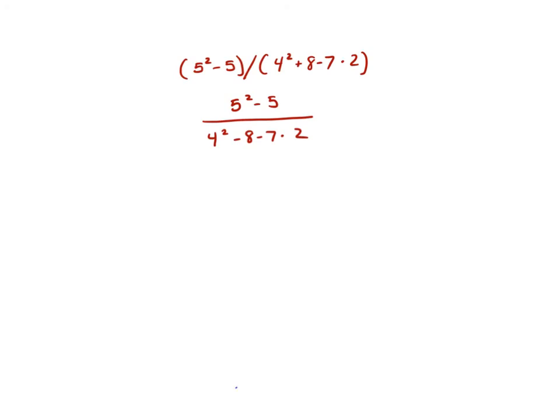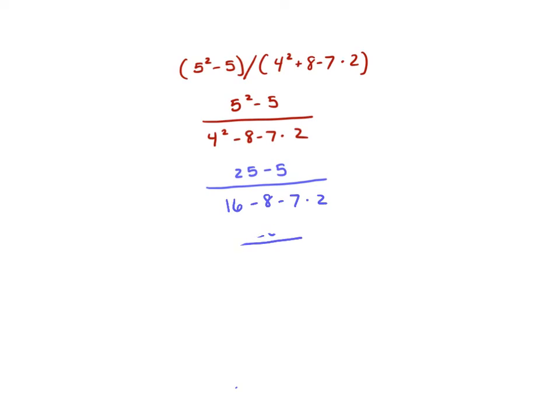I'll start with the top group, 5 squared. I have to take care of that squared first. I'll simplify the denominator separately, which means take care of the exponent, 4 squared. Still working in the numerator as a group, 25 minus 5.